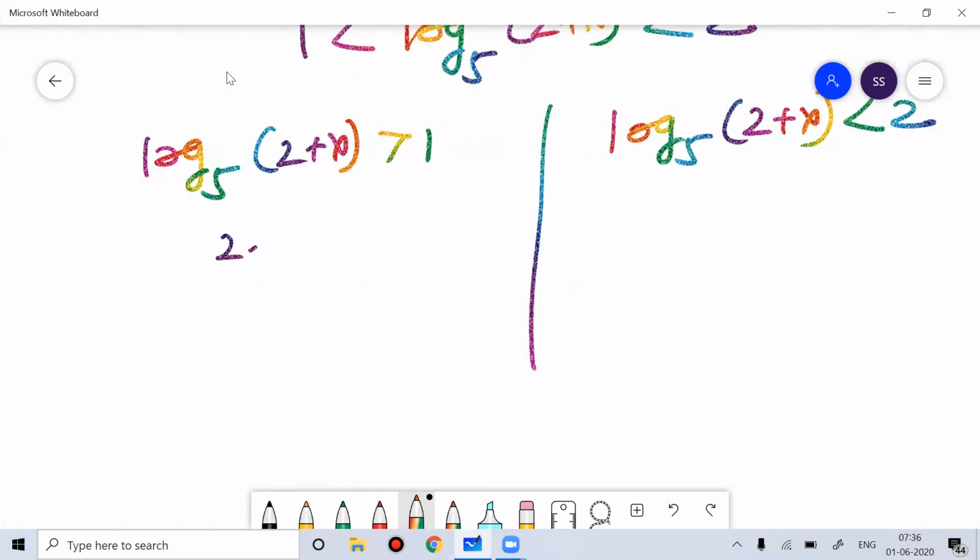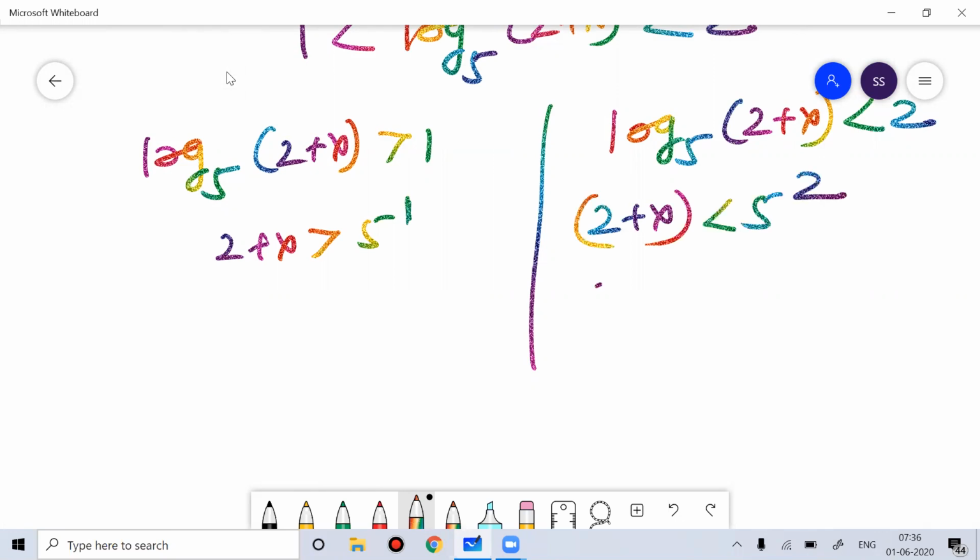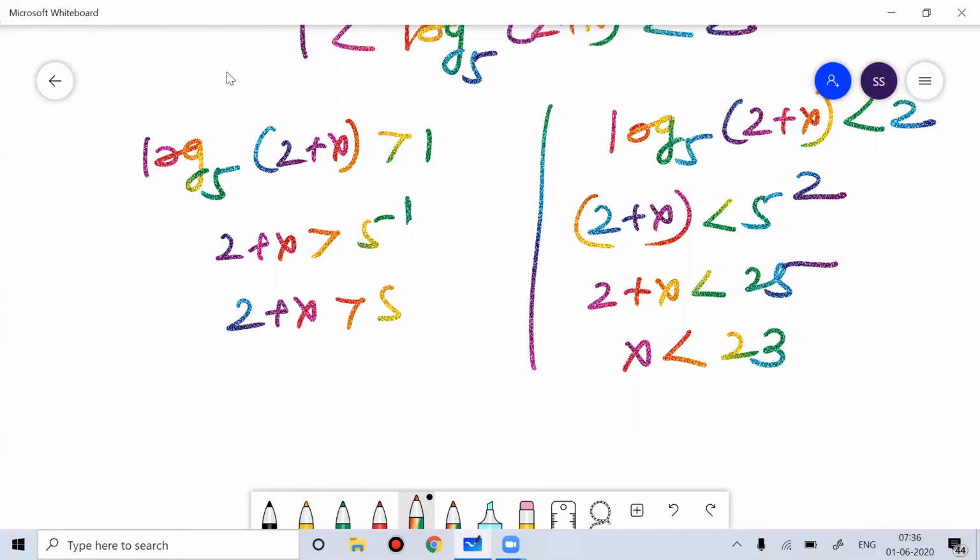I can say 2 plus x is greater than 5 to the power 1, and 2 plus x is less than 5 to the power 2, so 2 plus x is less than 25. So x is less than 23, and from 2 plus x greater than 5, x is greater than 3.